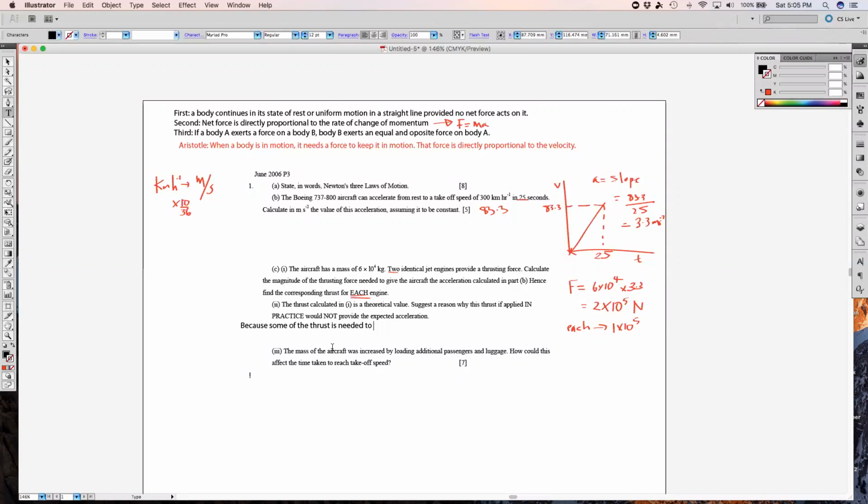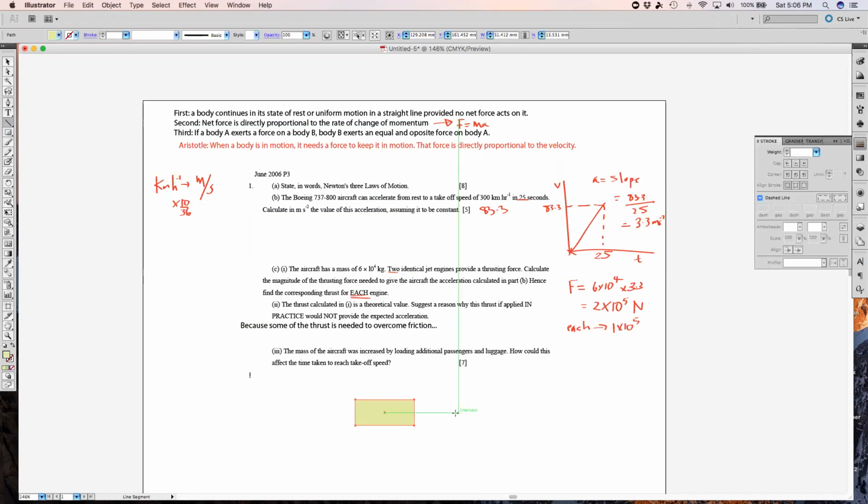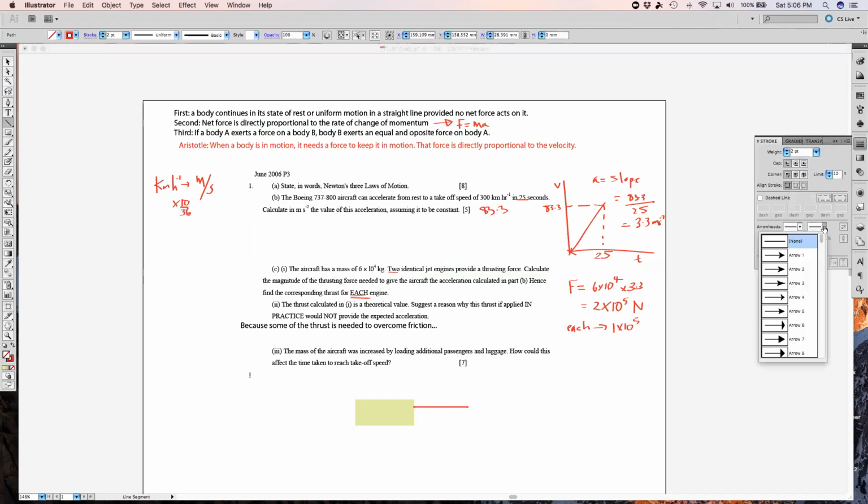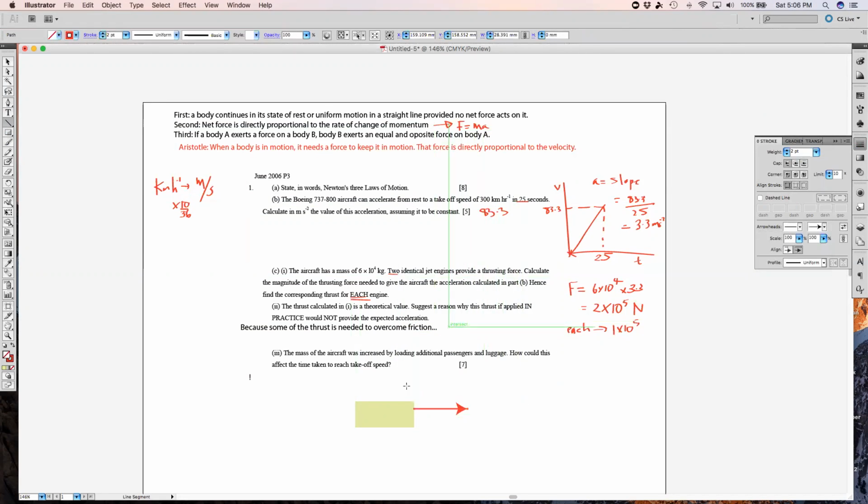Because some of the forces needed to overcome friction, right? So let's look at it. You have the aircraft, and you're providing it with this force.